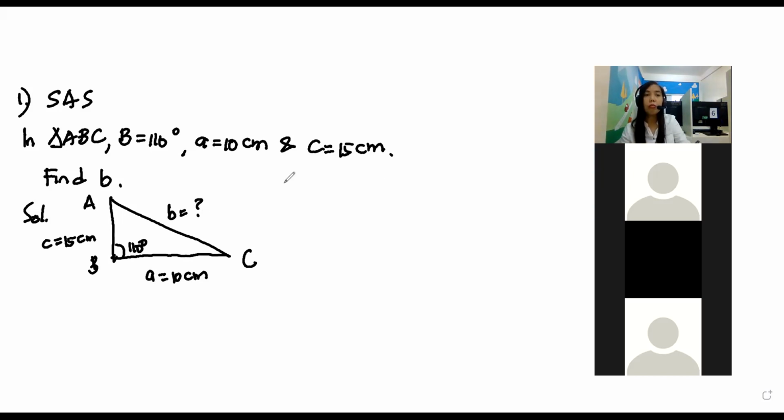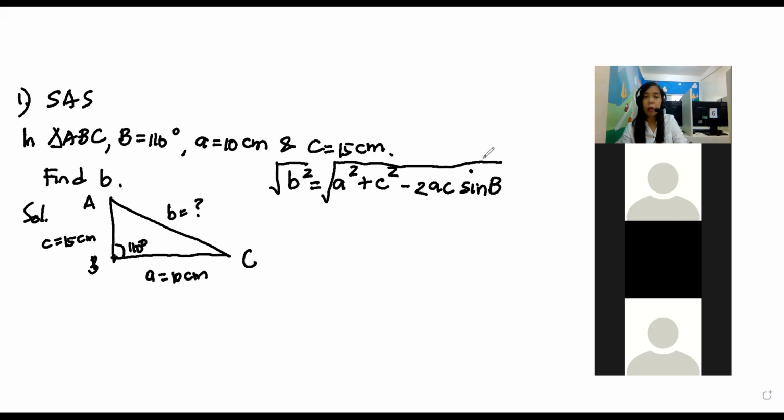So again, using the law of cosines, we will have b squared equals, since we are looking for the value of b, the squares of the remaining legs, a squared plus c squared, minus 2, twice the product, ac, cosine of its angle, B. And then, to get side b, we can square root both sides. Since we're talking about a measurement, we always get the positive or principal root.